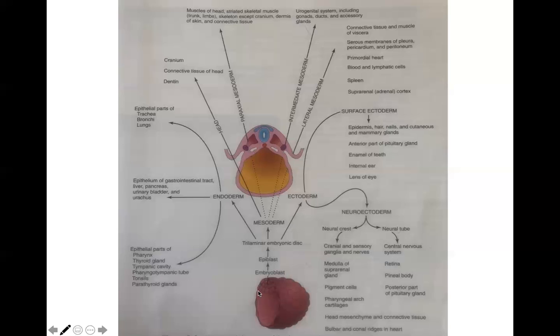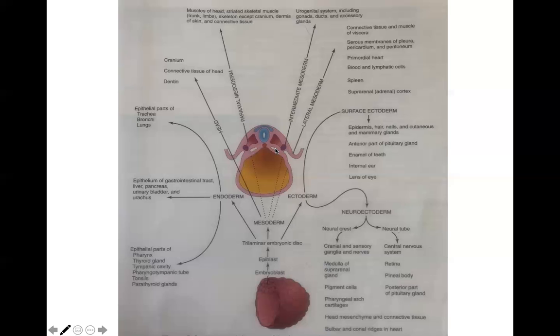Okay, and so you'll notice there are some trends here, right? The mesoderm is going to become all of the supporting structures. It's going to become the cranium, the connective tissue of the head, the dentin, the striated skeletal muscles, the limbs, the long bones.